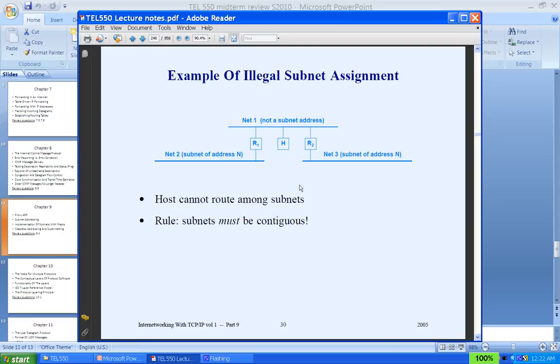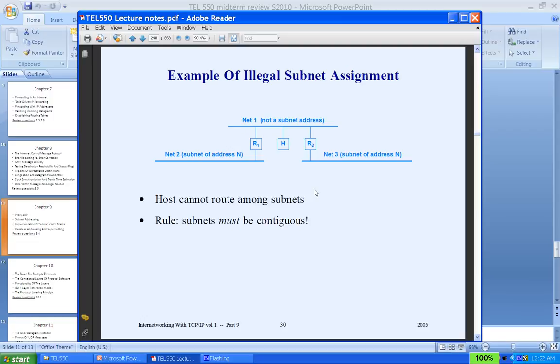And the requirement for this chapter would be that, given a block of addresses and the certain number of hosts required in each subnet, you are asked how to divide the larger namespace into smaller ones, or into multiple subnets.